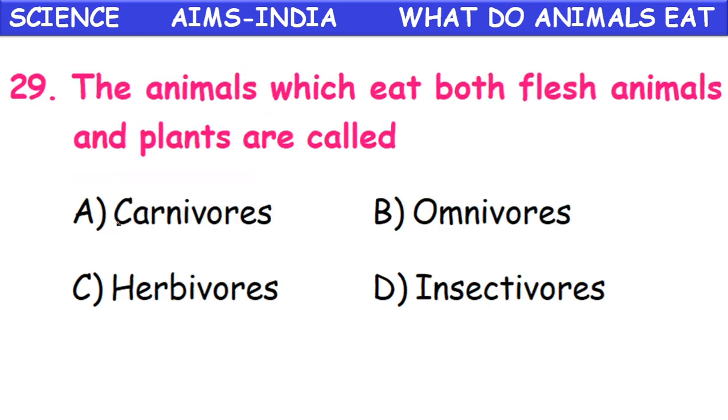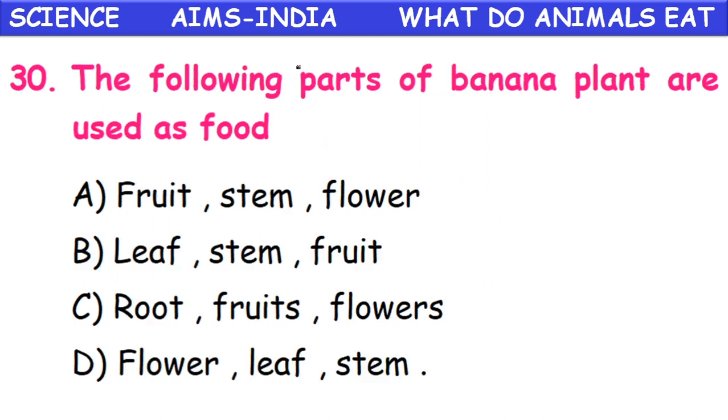The animals which eat both flesh animals and plants are called omnivores. The following parts of banana plant are used as food: fruit, stem, flowers, leaf, root. So, we use fruit, stem and flowers of banana.